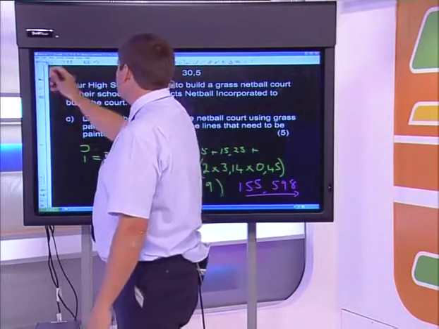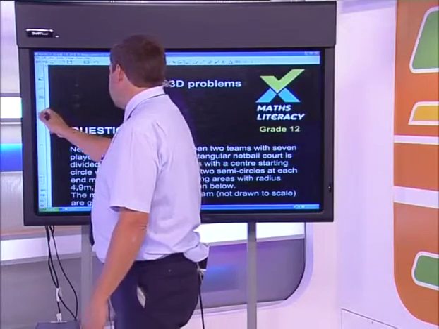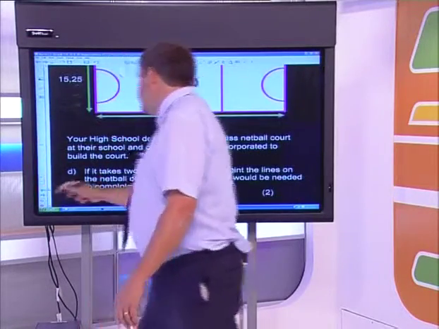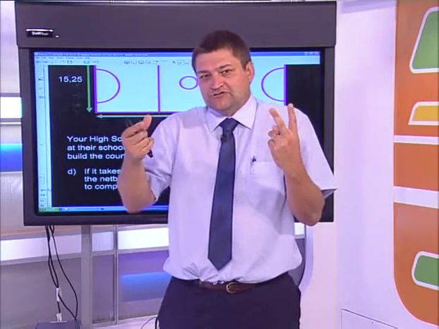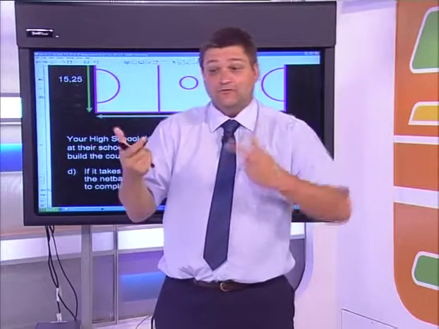Right, our final question was, if it takes 2 workers 1 hour to paint the lines on the netball court, how many workers would be needed to complete the task in half the time? 2 workers take 1 hour. We want to do it in half an hour. Many matrics will say, if you want half the time, we'll halve the workers.